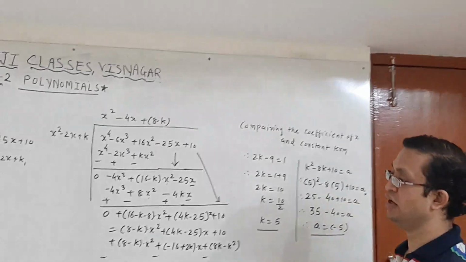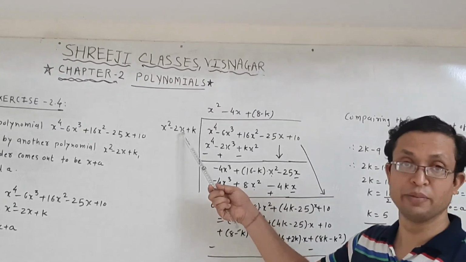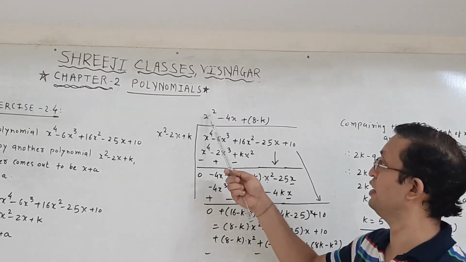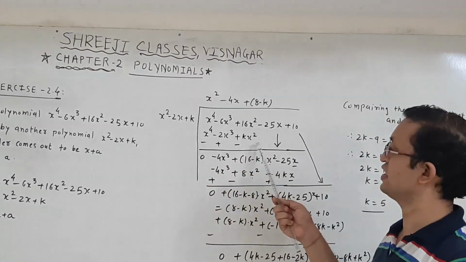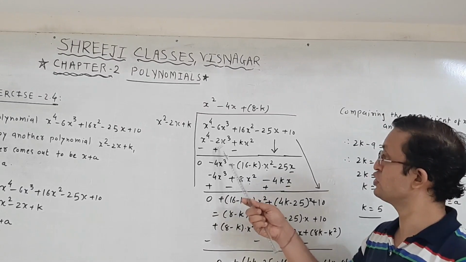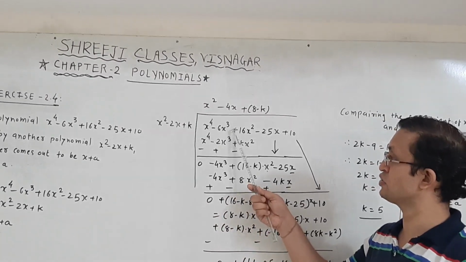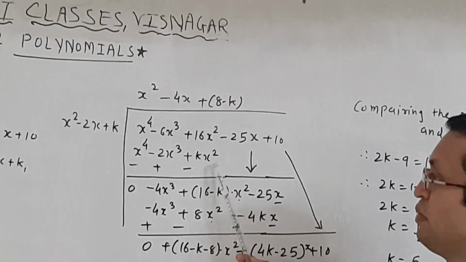Again, simplify. Here, dividend polynomial divided by divisor polynomial: x square multiply x, that is x raised to 4, minus 2x cube plus ax square. Change the sign: x raised to 4 cancels, plus 2x cube minus 6x cube, that means minus 4x cube, plus 16x square minus kx square.